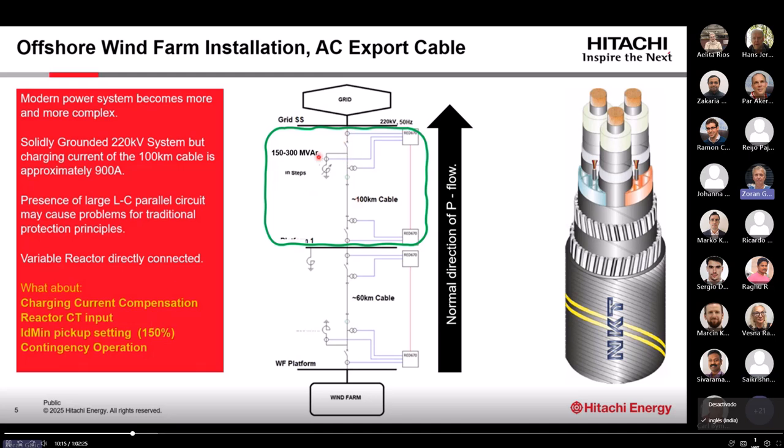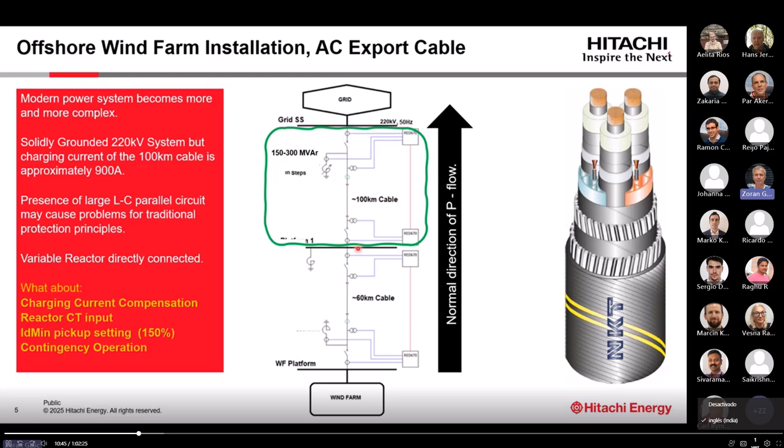You don't really have a fixed protected object. It's sort of moving, because this reactor has about 25 taps and has very large variation, practically 50% variation, from 150 MVAR to 300 MVAR. Due to different reasons, they will typically start energizing the cable with a relatively small 150 MVAR reactance, and then they will tap up in order to compensate for the charging current.